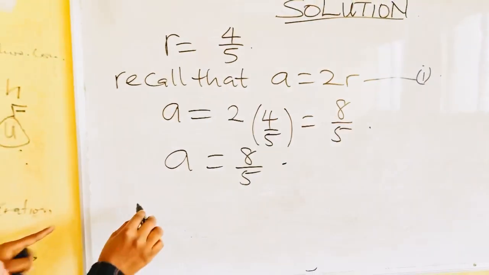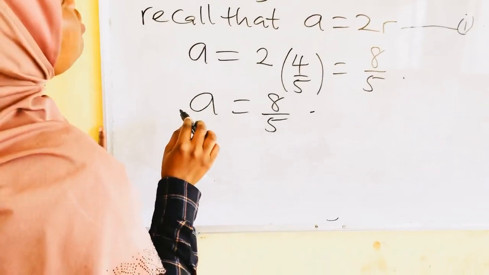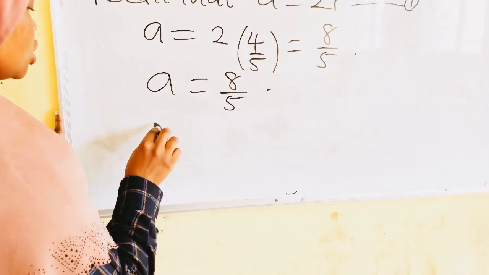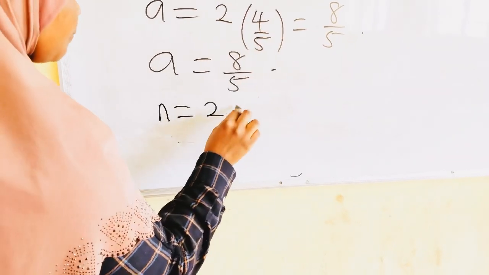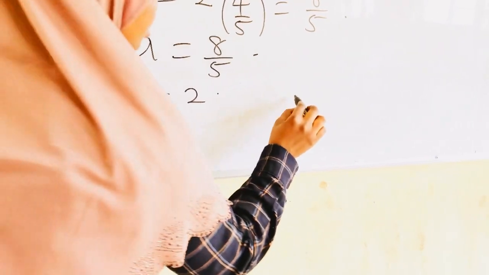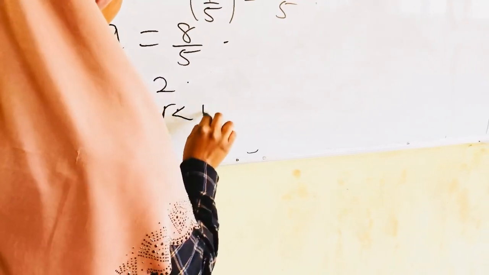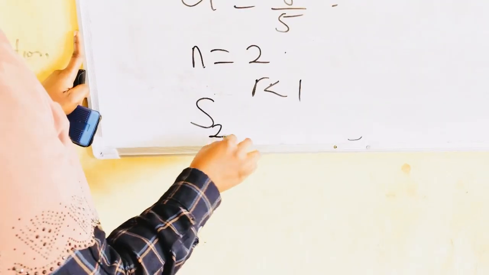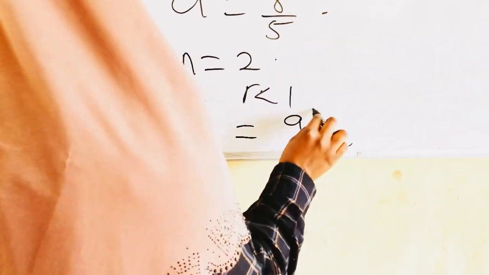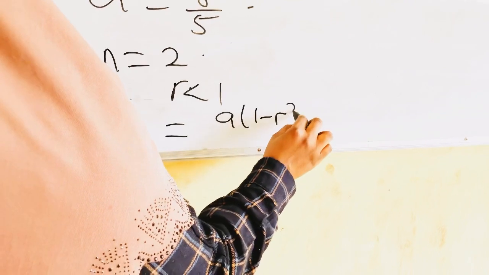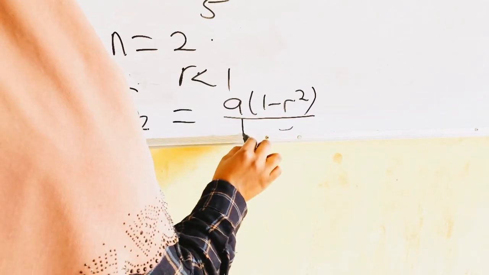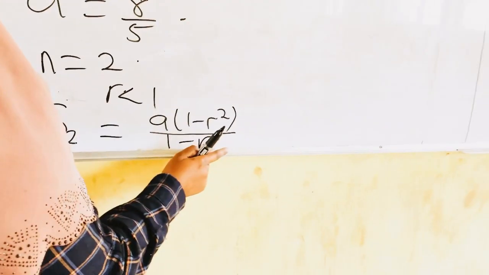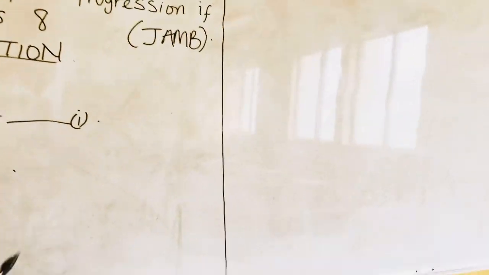Now, to find the sum of the first two terms, that means n is equal to 2. And since r is less than 1, the formula will be S subscript 2 is equal to a into bracket 1 minus r squared over 1 minus r.